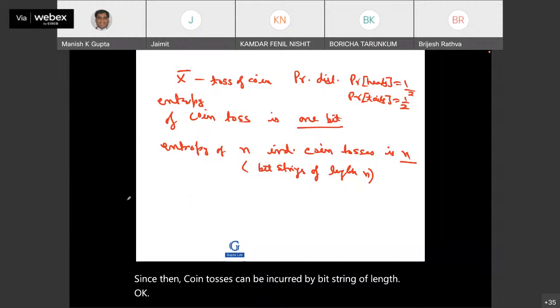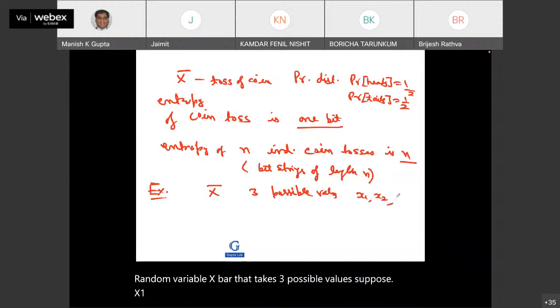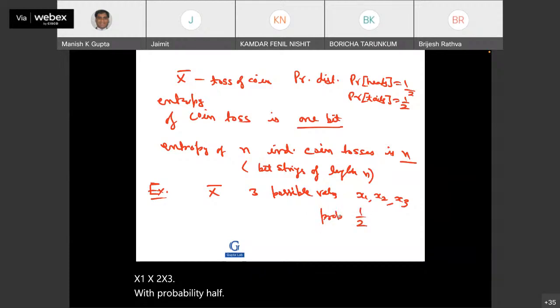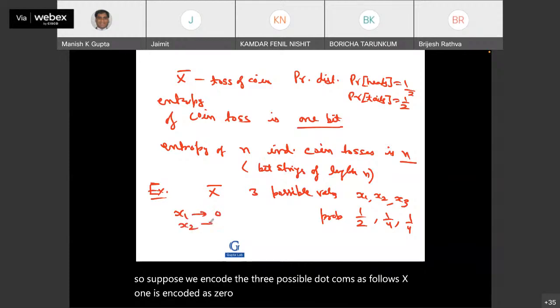Okay. So here is a small example. Take a random variable x that takes three possible values x1, x2, x3 with probability half, 1 by 4, 1 by 4. Suppose we encode the three possible outcomes as follows: x1 is encoded as 0, x2 as 1 0, x3 as 1 1.